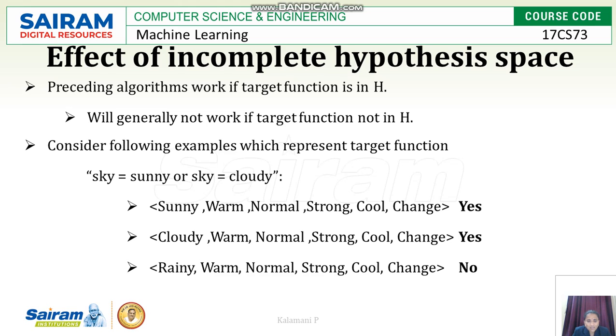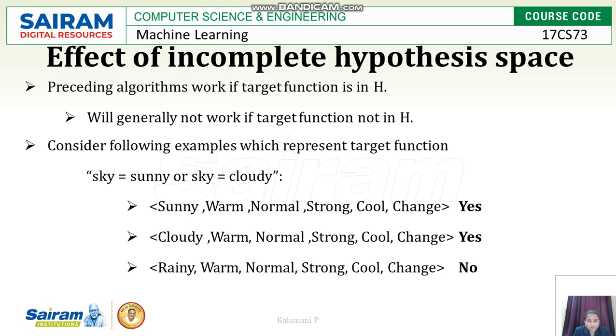So it can take either value, and we make it a question mark in general. Next, warm is specific, normal is specific, strong, cool, change. The remaining are all specific values. Only the first is made general, but then the person can go and play. That means the hypothesis we get is: question mark, warm, normal, strong, cool, change, meaning the person can enjoy the water sport.